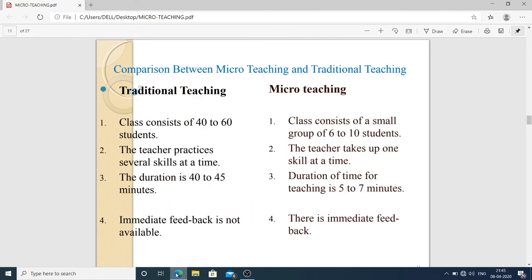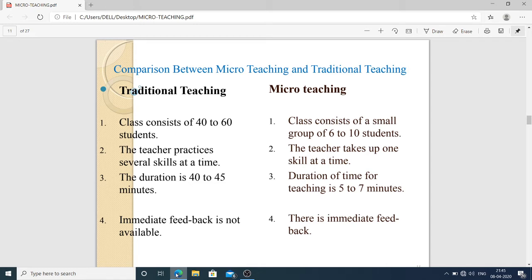Fine. Then comparison between micro teaching and traditional teaching. What happens in traditional teaching and micro teaching? In traditional teaching, 40 to 60 students are present in the class, but in the small group, 6 to 10 students are there.